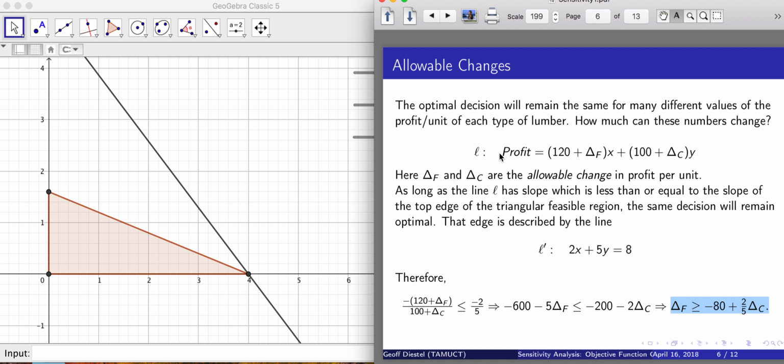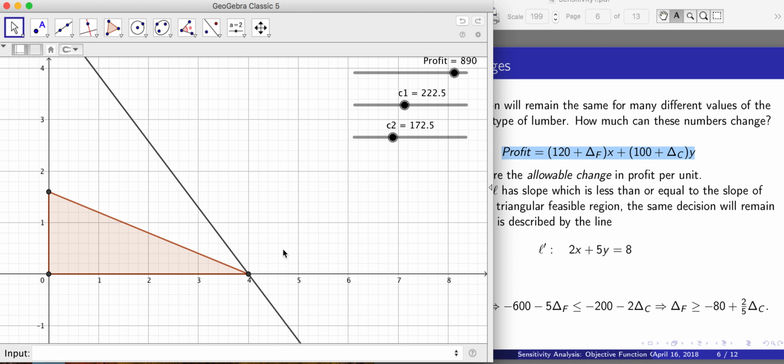Just taking the slope of our profit line and comparing it to the slopes of any edges that our solution is actually on. Now again, in this case, the other edge that it's on is the line y equals 0. So 0 slope. But changing our profit, these numbers C1 and C2 are going to be positive in general, so we don't really have to go the other way.